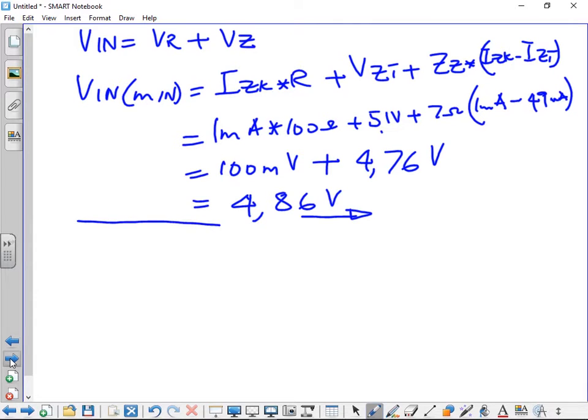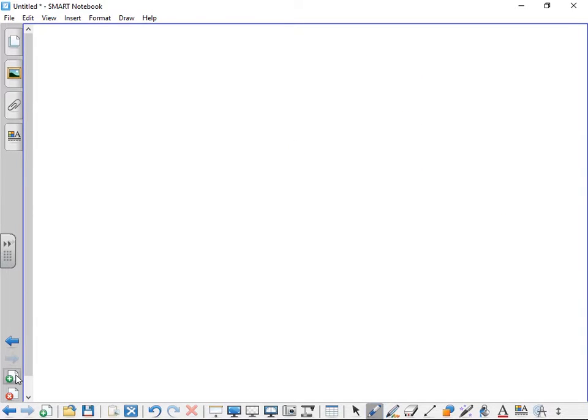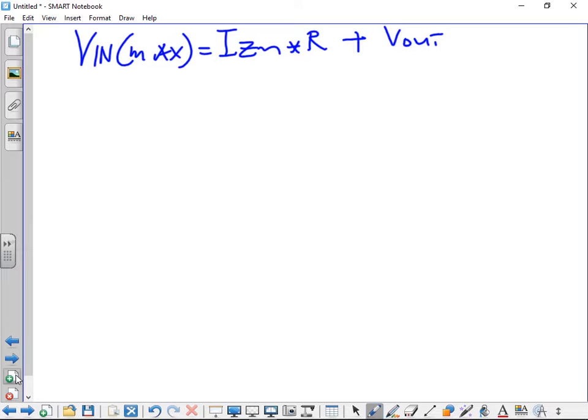Now, if we go a step further and calculate the V in maximum, let's get another page. V in maximum will be given by the formula IZM multiplied by R. So this is the voltage across R plus your V out voltage, which we've given as VZT plus ZZ times the current change.